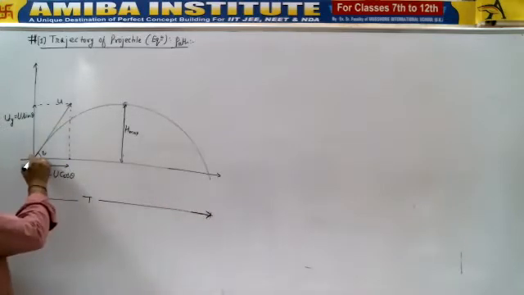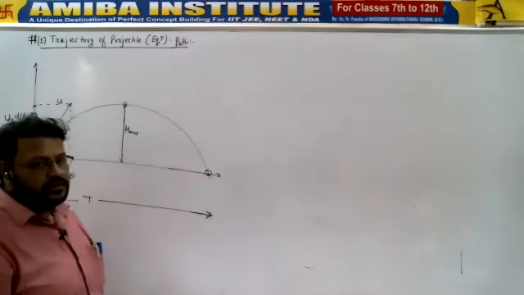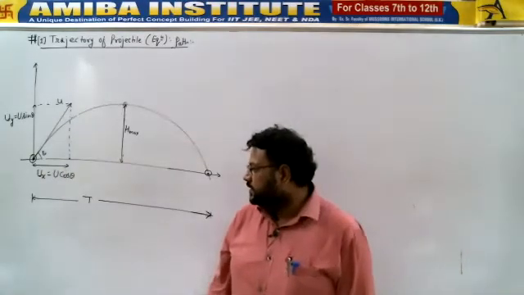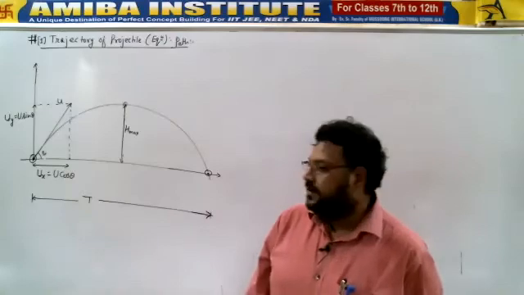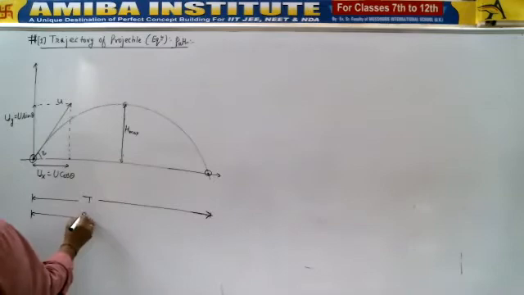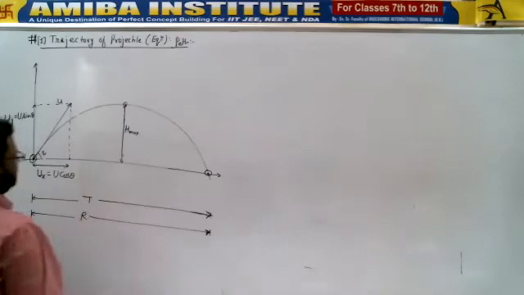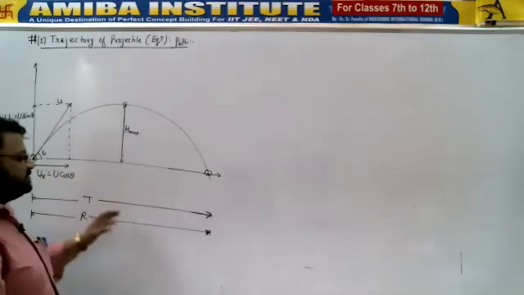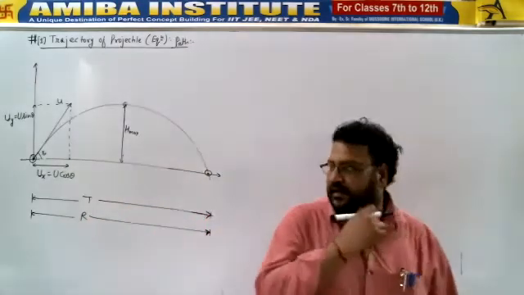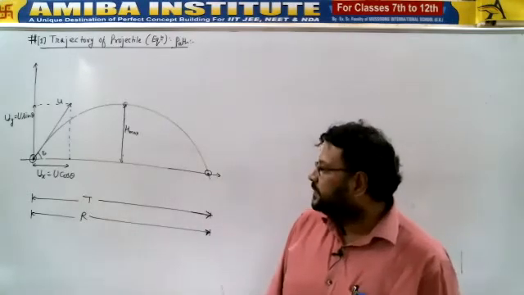It means once thrown and just before hitting the ground, whatever time it takes is called the projectile's time of flight, represented by capital T. And the maximum horizontal displacement covered by the projectile during this time of flight is called the horizontal range, represented by capital R, right?